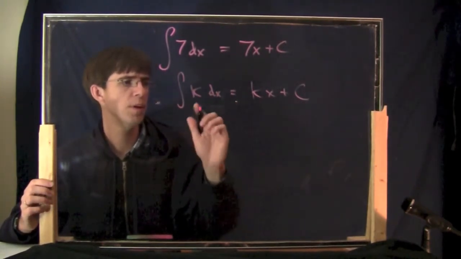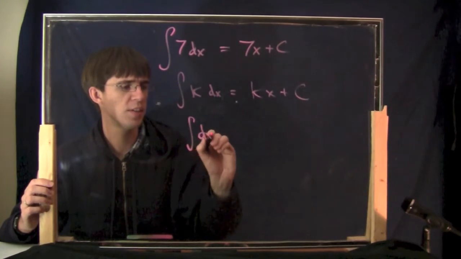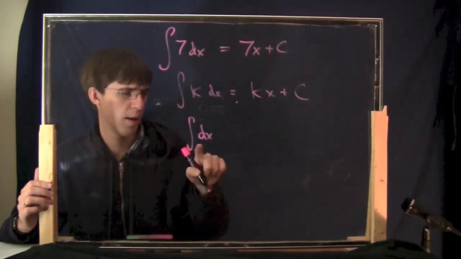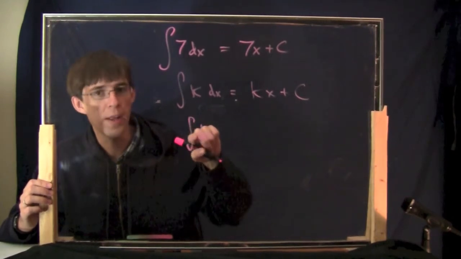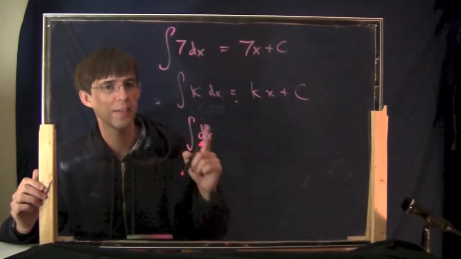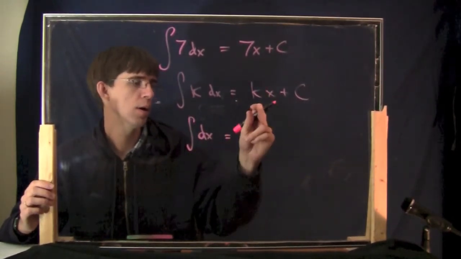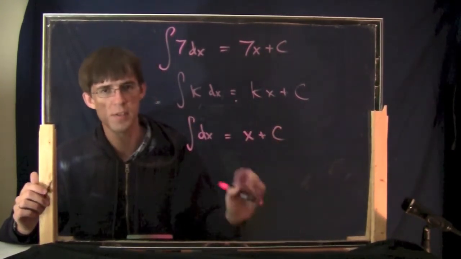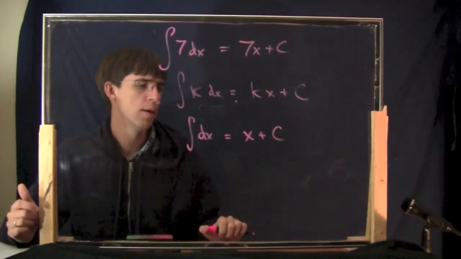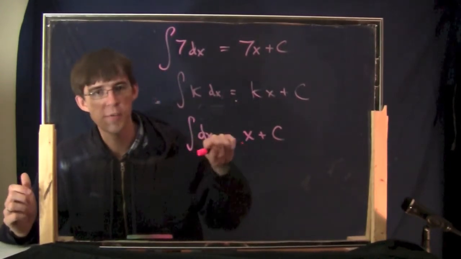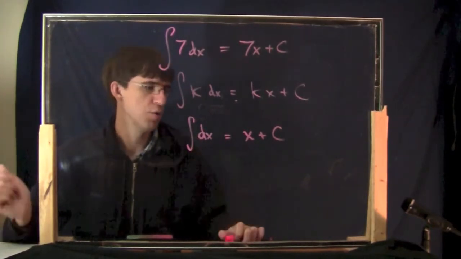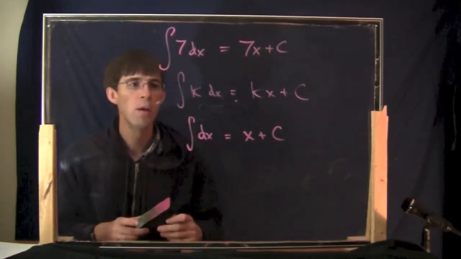Another thing that will be a little weird, what if you ever see just this, integral dx? What is that? There's nothing in there. Well, you can imagine that there's a 1 in there, 1 times dx, a constant 1. And so if you use k as a constant, then the answer is just x plus c. This looks a little weird, but that's how you interpret an integral sign with just a dx, as if there was just a 1 in there, and you get 1x plus c.